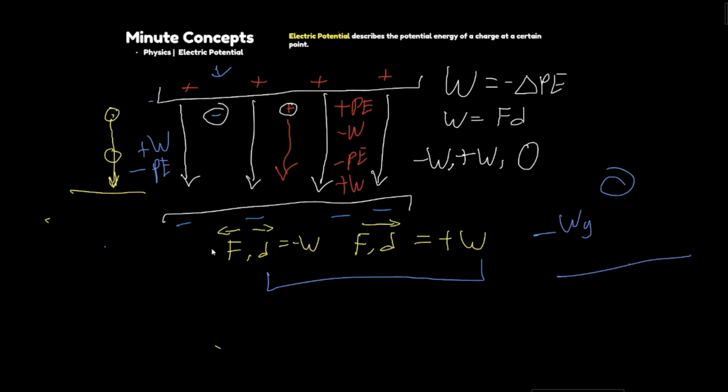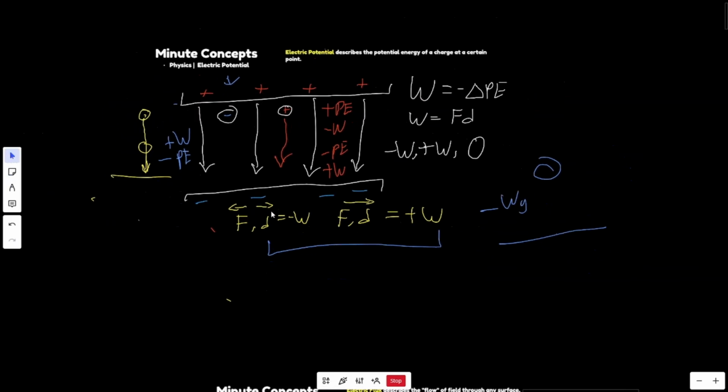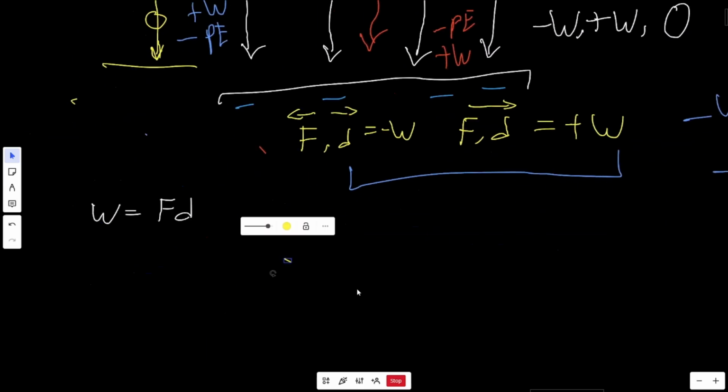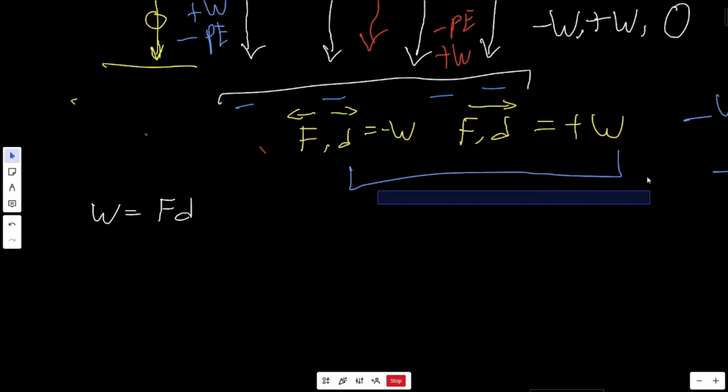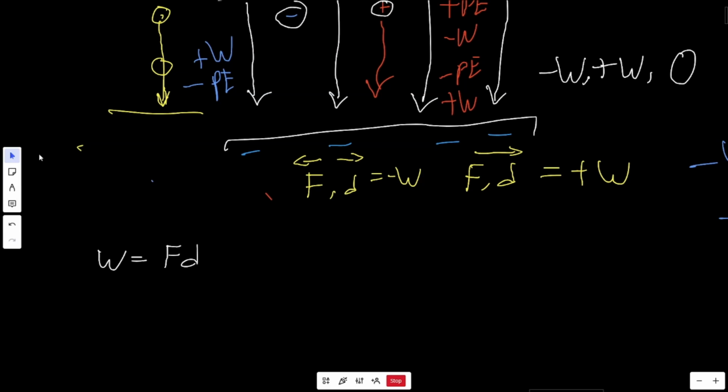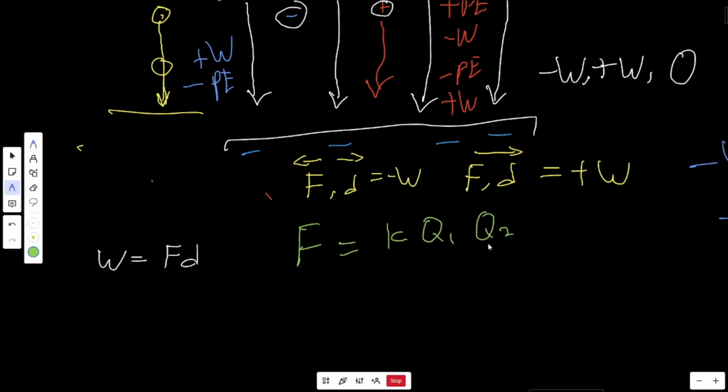Now, how do we describe this mathematically? Describing potential energy mathematically is straightforward, just as W equals FD. About this formula, we have a value for force when it comes to electrostatics. We know that force is equal to K Q1 Q2 over R squared. We know this as Coulomb's law.